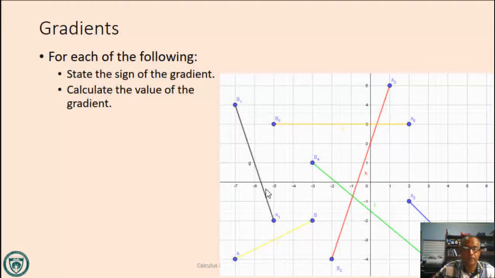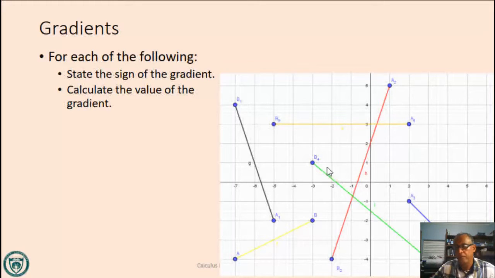In this case the y decreases, so this is a negative gradient. If the y increases, this is a positive gradient. If the y doesn't change, the gradient is 0. For this one, the y increases. Notice, if this is your initial point, then the final value of the y coordinate is greater than the initial value of the y coordinate.